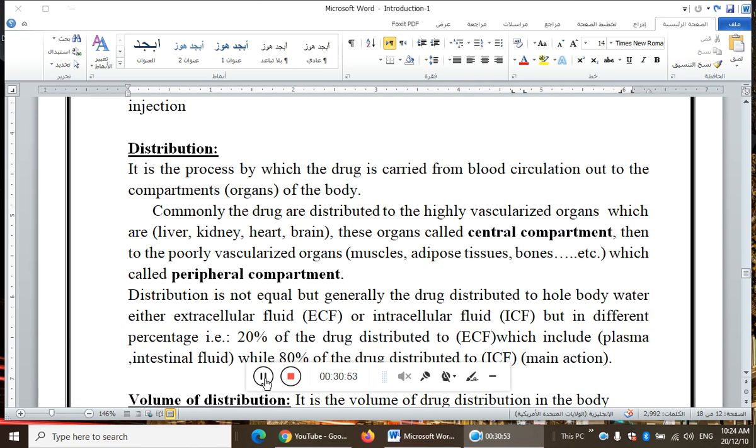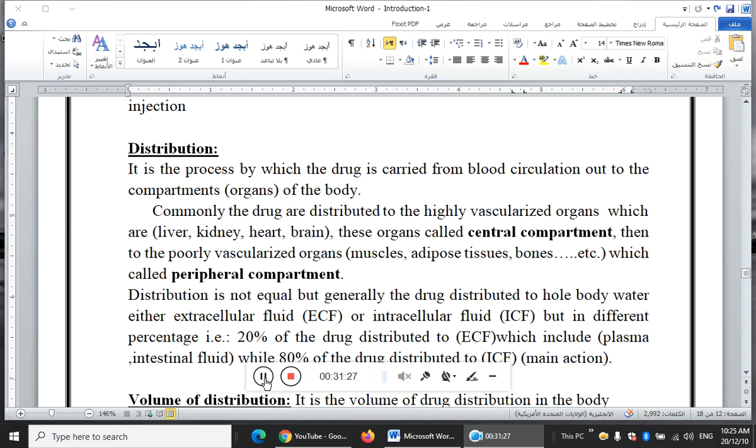In distribution, the drug first goes to the central compartments, like liver, kidney, heart, brain, lung, etc. And then the drug is distributed to the poorly vascularized organs like muscle, adipose tissue, bones, etc., which are peripheral compartments.